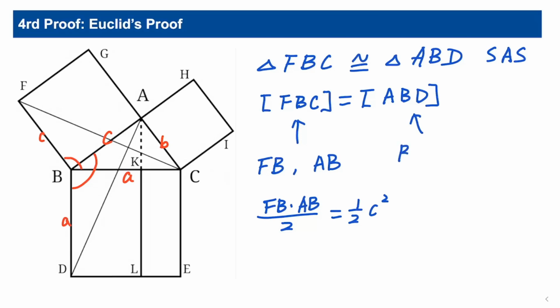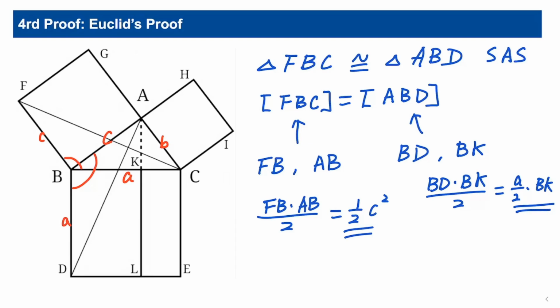The base is BD. The altitude is BK. So the area is BD times BK divided by 2, which is A over 2 times BK. These 2 quantities have to be the same, which means C squared equals A times BK.